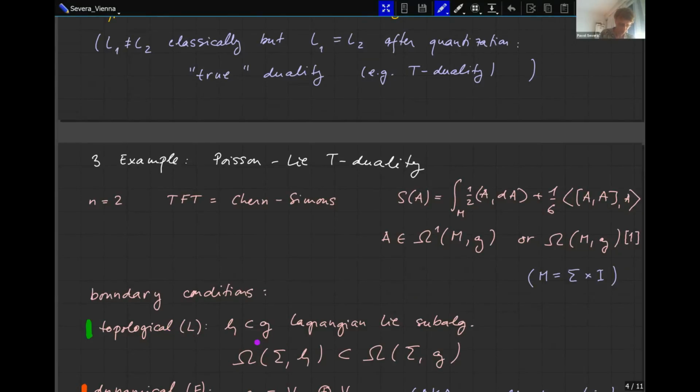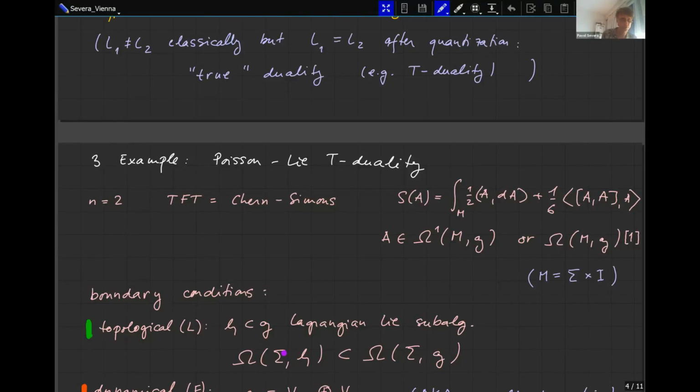For that, in g, which is a Lie algebra with an invariant pairing, we pick a Lagrangian Lie subalgebra h. And then we restrict this A to the boundary: when we restrict to Sigma, we demand that it has values in h. A little comment: once I take forms of arbitrary degree, the fact that we also have Omega^0(Sigma, h) means that we have gauge transformations with values in h.